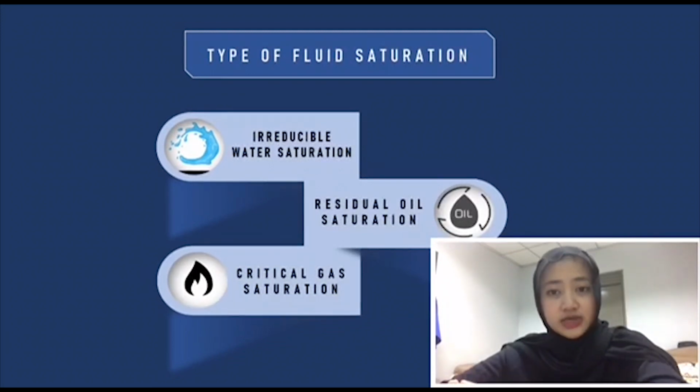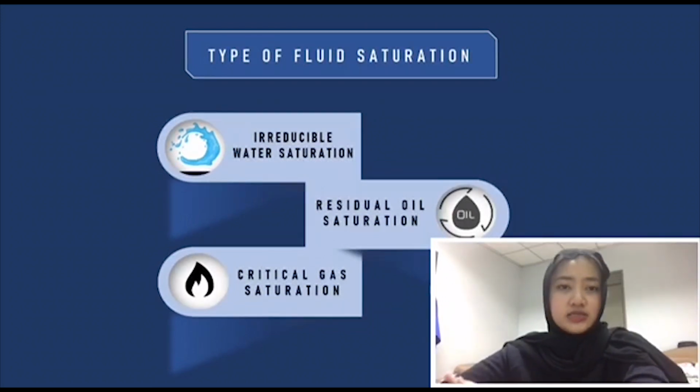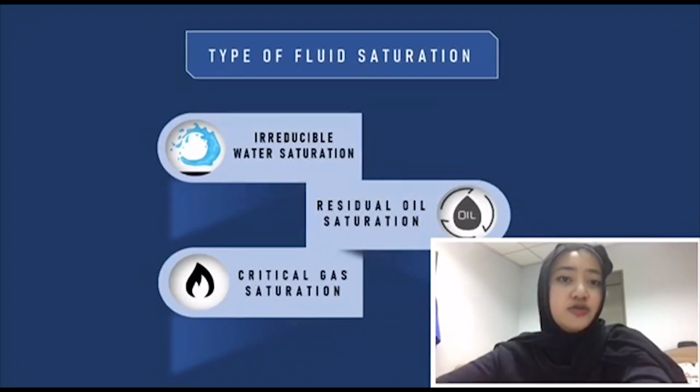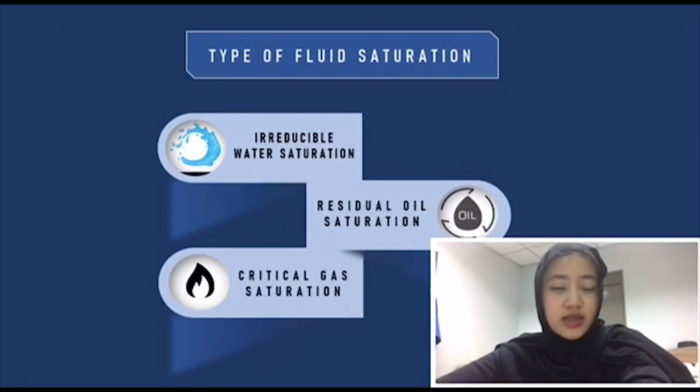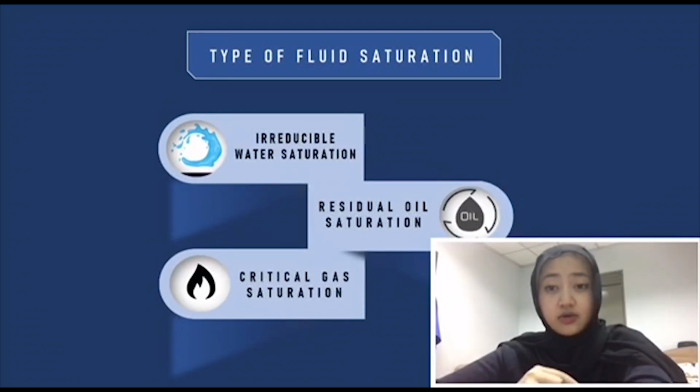During the migration process, the connate water is distributed throughout the gas and oil zone due to the competition between capillary and gravity forces. The water in this zone is reduced to some irreducible minimum, that is nothing but the irreducible water saturation. This water is held in place by capillary forces and will not flow because of the tiny pore space of capillary size in the gas and oil zone.